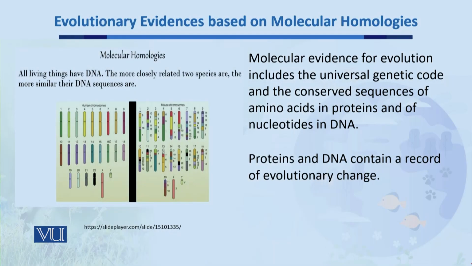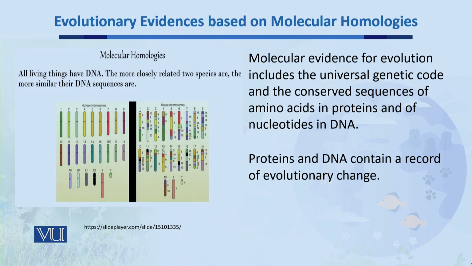Now, when we talk about the molecular evidences of evolution, we mean evolution at the level of the genetic code, or the DNA. The genetic code or DNA is a universal code which exists among different organisms, and it is a conserved sequence, along with the amino acids in proteins.